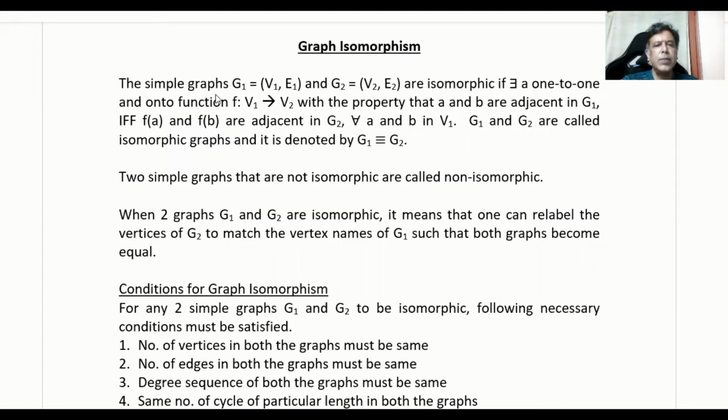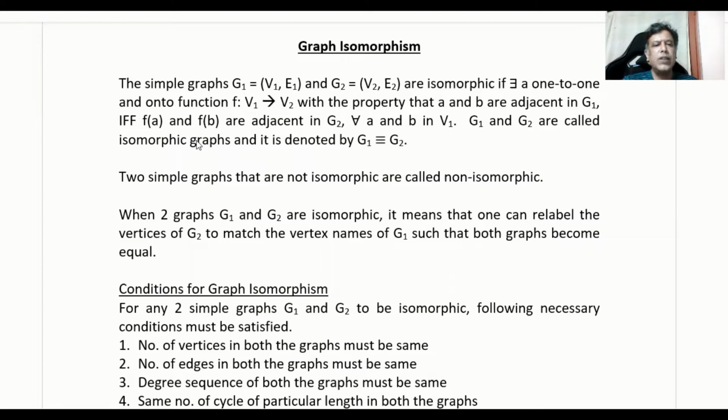Let us consider two simple graphs, G1, denoted by V1, E1, and G2, denoted by V2, E2. These two are isomorphic if there exists a one-to-one and onto function, meaning a bijective function, f from V1 to V2 with the property that A and B are adjacent in G1, where A and B are vertices in V1, if and only if f of A and f of B, which are vertices in set V2 of G2, are adjacent in G2, for all A and B in V1.